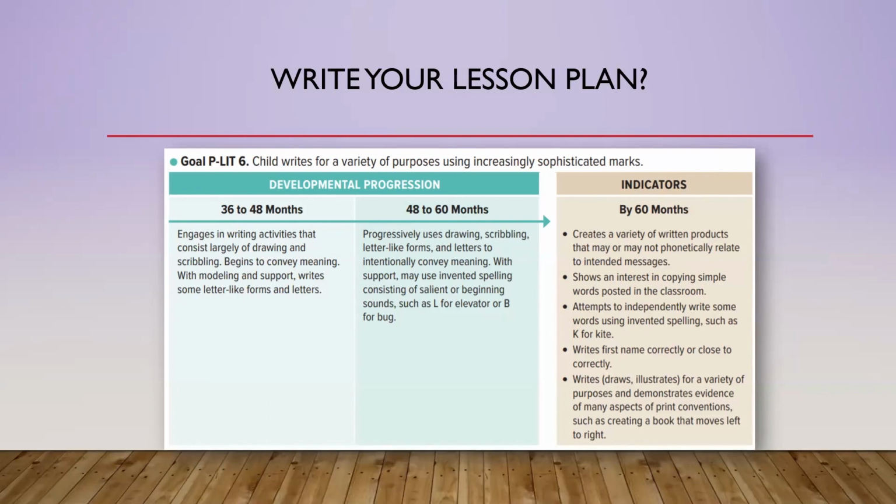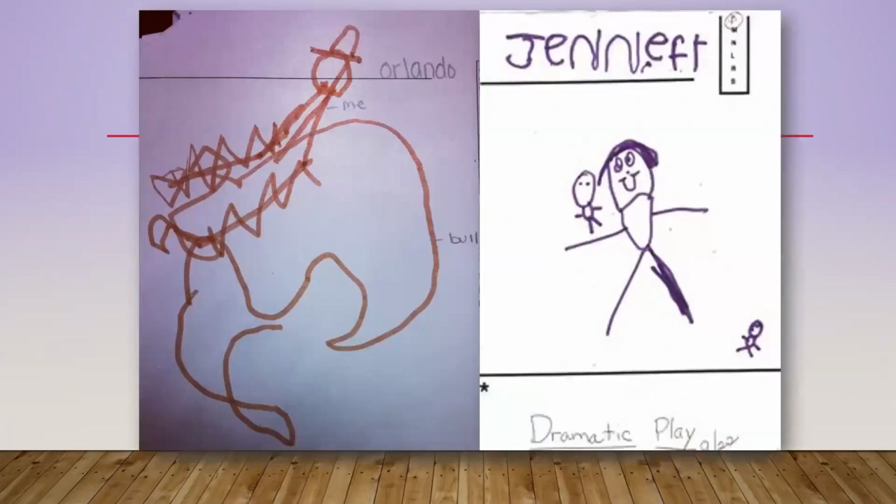Then you see the progression and indicators that encompass all of the children in your class, and they vary from an activity that consists largely of drawing and scribbling all the way to writing their first name correctly. What activity could you plan that will support everyone, regardless of their developmental level? Aha! A play plan. This is an activity that provides a purpose to their drawing and writing, which also gives them the freedom to express themselves as they are able.